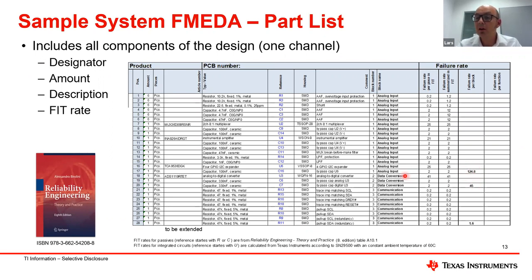For the data conversion, it's 45, which is basically, as you can see, only the ADS1119 and 2 bypass caps. And then for the communication, we have basically a lot of resistors. It's a 1.6 FIT rate.